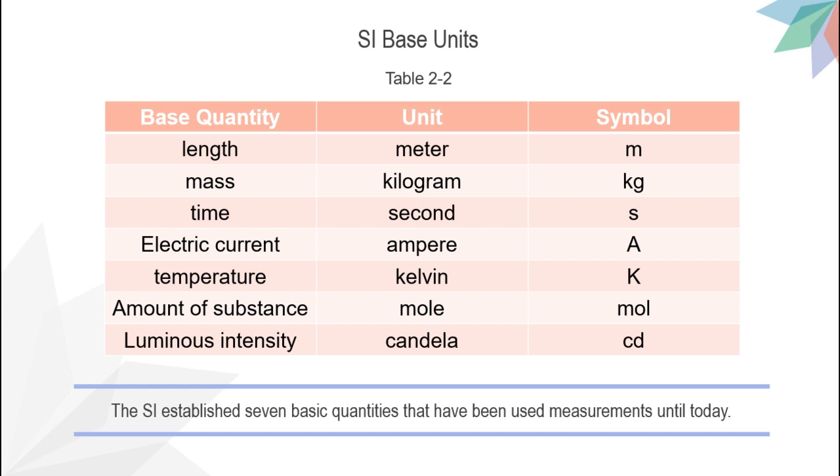Electric current, ampere, symbol capital A. Temperature, Kelvin, capital K. Amount of substance, mole, its symbol is mol. Then luminous intensity is candela, its symbol is cd.